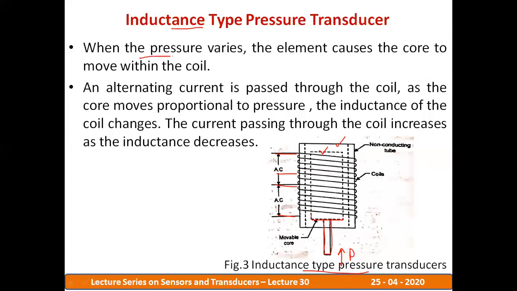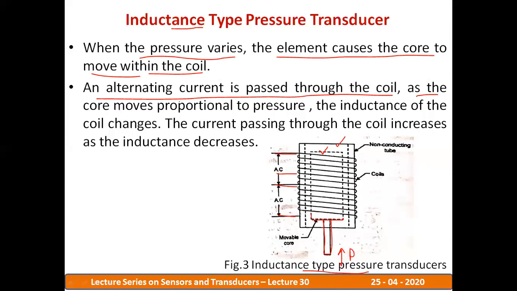Now we'll go through the points. When pressure varies, the element causes the core to move. The element is nothing but the Bowden tube. The Bowden tube causes the core to move within the coil. An alternating current is passed through the coil.